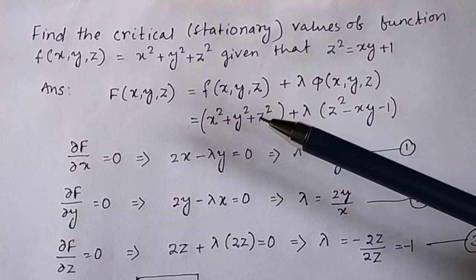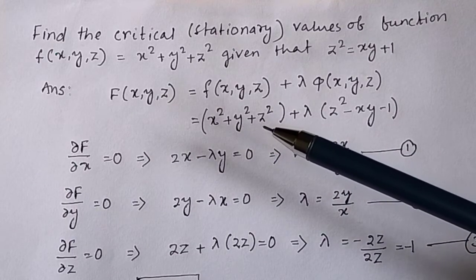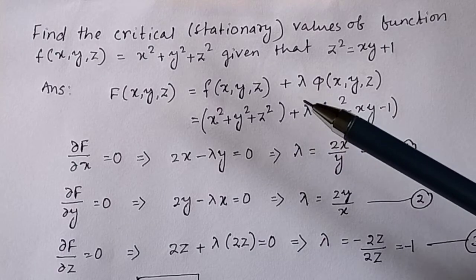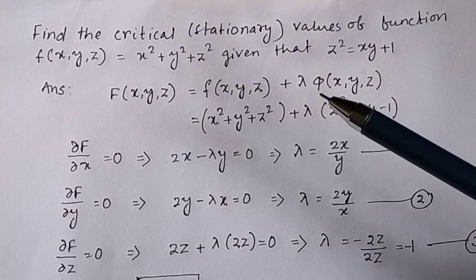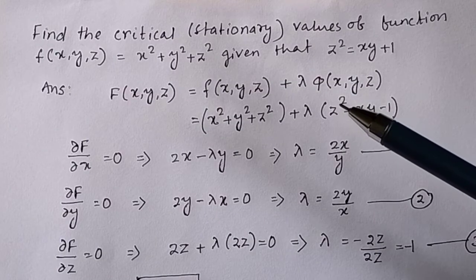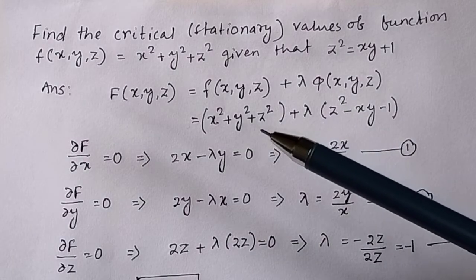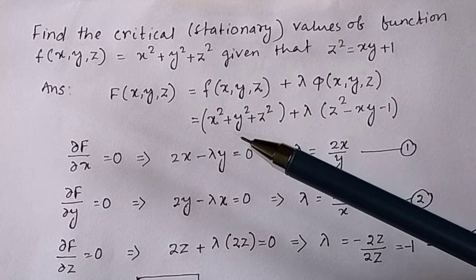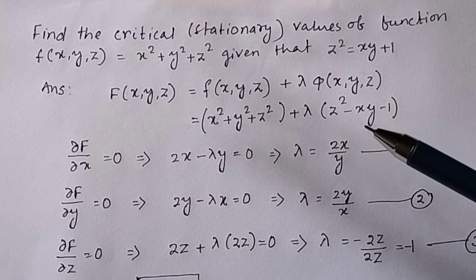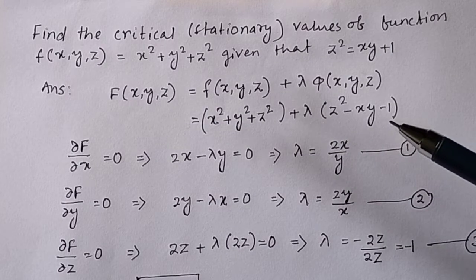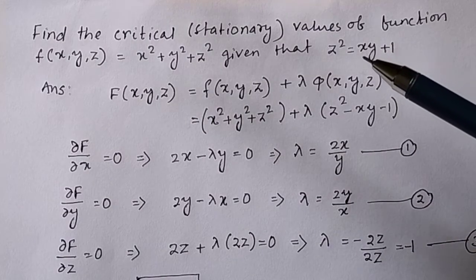Here the given or objective function is x² + y² + z², λ is the Lagrange multiplier, and φ(x, y, z) is the constraint or condition. So you can write the equation like this: x² + y² + z² + λ(z² − xy − 1). This is the conditional equation.